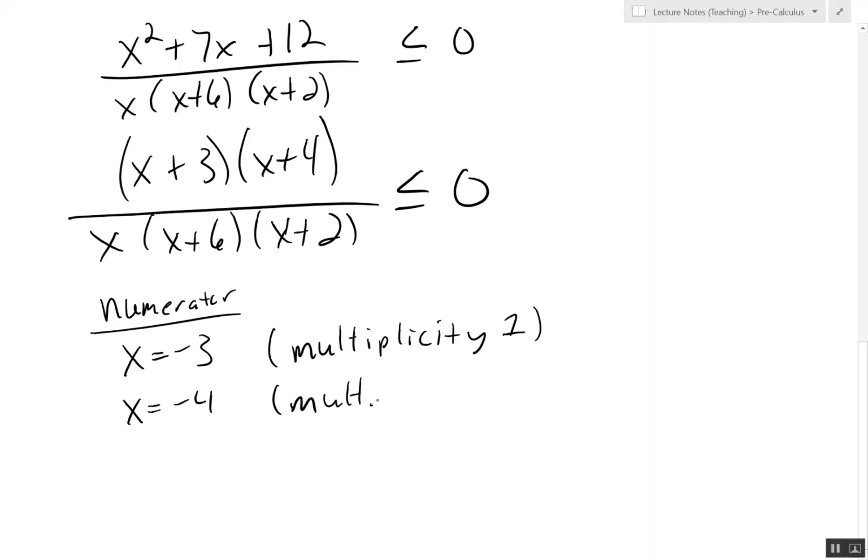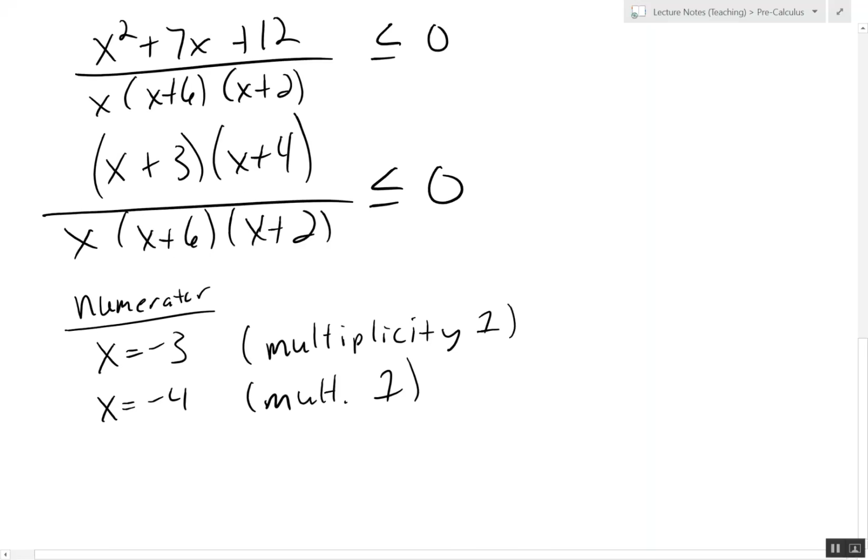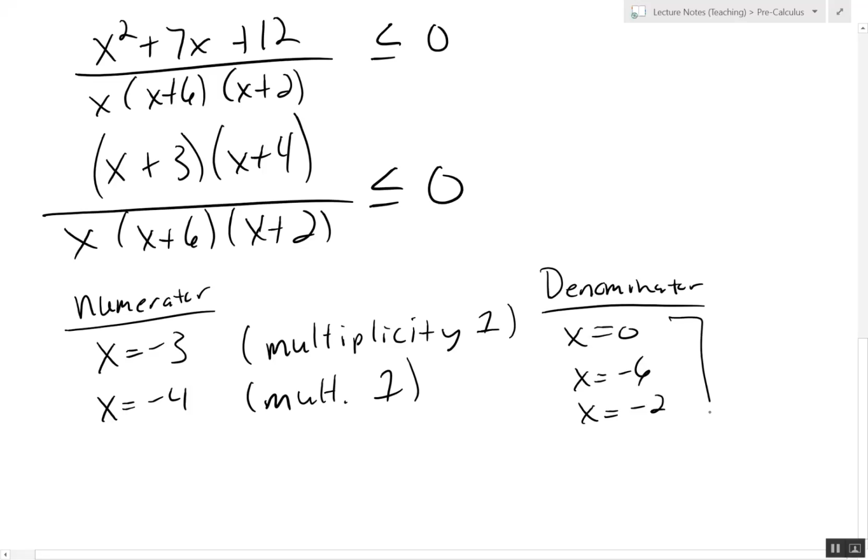So I'm just going to use mult again. And then the denominator, we'll have x equals 0, x equals negative 6, and x equals negative 2, and these will all have multiplicity 1.